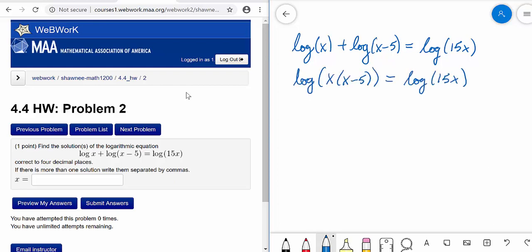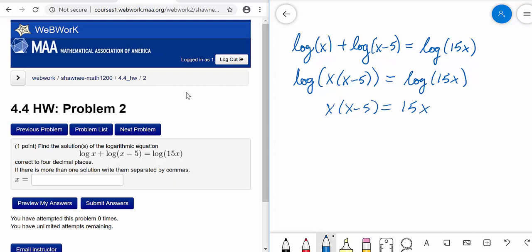Now we have two logs equal to each other. Logarithmic functions are one-to-one functions, and so the only way that a log of one number can equal the log of another number is if the two inputs are the same. So we can actually drop the logarithms here, and this equation is equivalent to saying that x times x minus 5 is equal to 15x.